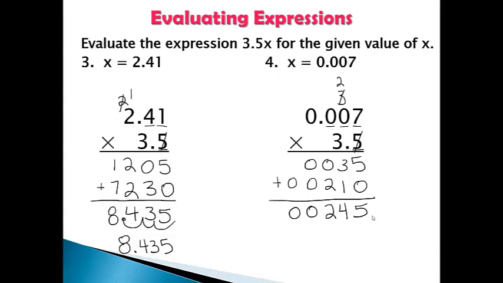So starting at the right-hand side or at the end, we're going to move our decimal to the left 4 places. So 1, 2, 3, 4. So we have 0.0245, which we say is 0 and 245 ten thousandths.